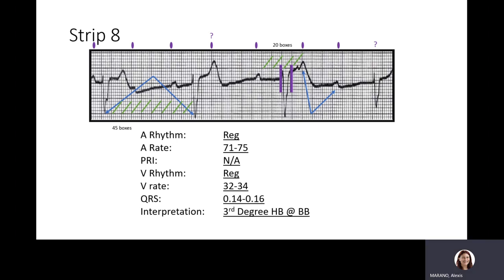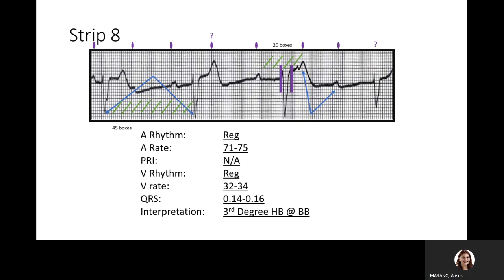Your atrial rate, since it's regular, I'm able to measure 20 smaller boxes, giving me a rate of 71 to 75. PRI, it's not applicable because I don't have a true PR interval. Ventricular rhythm, I'm seeing if they're able to march out, which they do, making it regular.